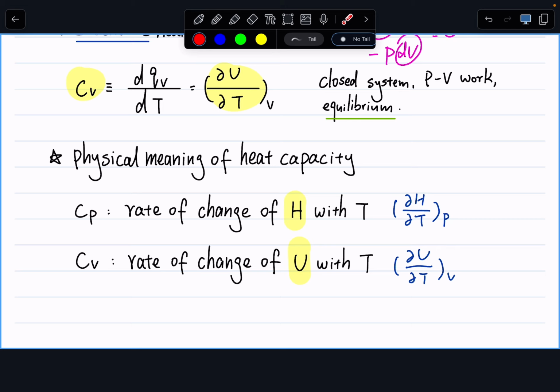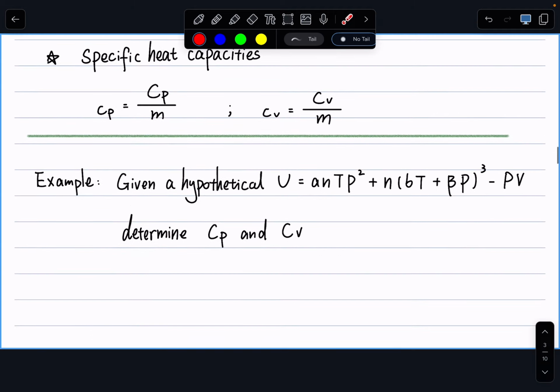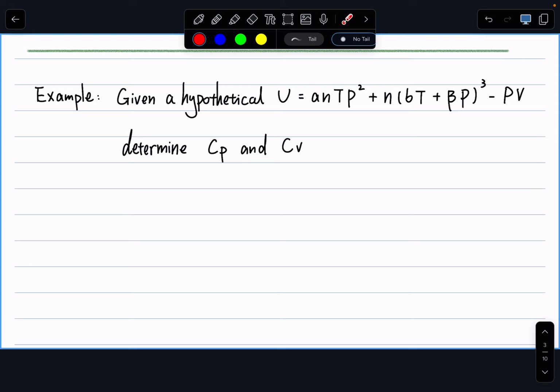Okay, so let's move on and see how we use the definition of our heat capacities, and also the relationships and expressions of internal energy, to solve for heat capacities by doing some math together. So this is a simple question. Let's say we have a hypothetical material.